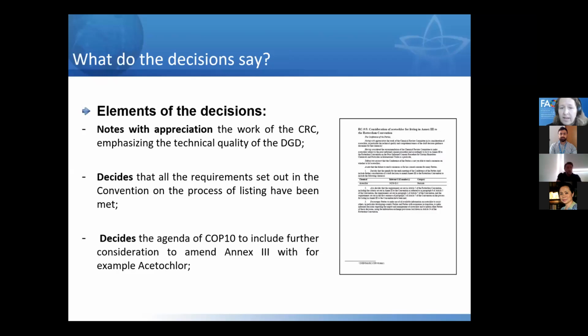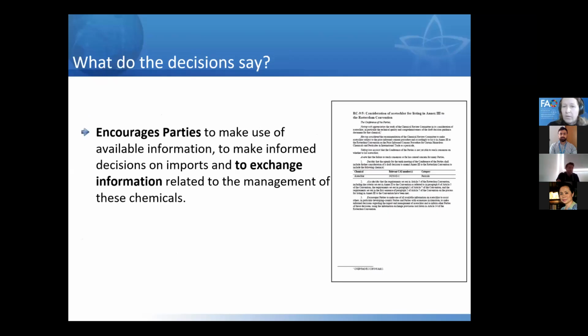It also says that further consideration to amend Annex 3 with Acetochlor, in this case, should be on the agenda of COP10. And as Yun already said, and what is the topic of this webinar, it further encouraged parties to make use of the available information, to make informed decisions on imports, and to exchange information related to the management of these chemicals.